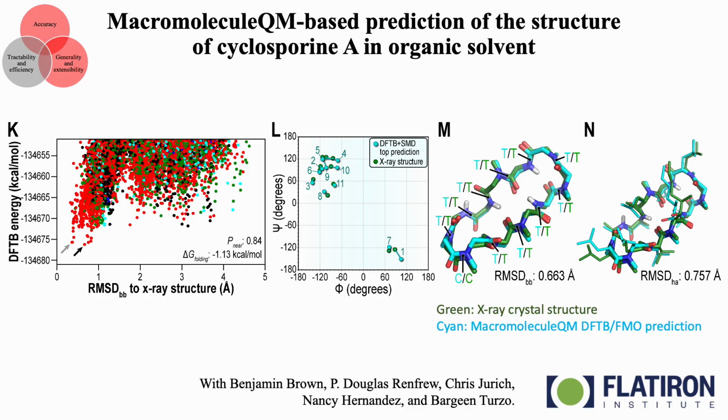And you can see that we have sub-angstrom precision, not only predicting the backbone conformation of cyclosporin, but even the side chain conformations. Not only that, we predict accurately the cis or trans isomerism of all of the peptide bonds. So this is great. Now we've got a pipeline that we can be even more confident of for predicting the structures and validating the folds of peptide macrocycles that we design.